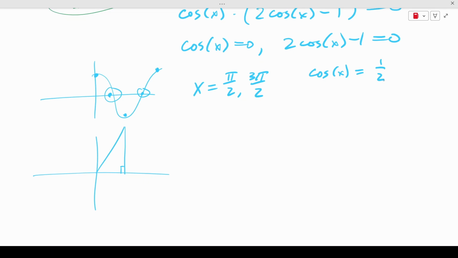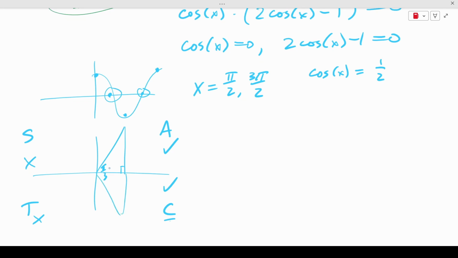So here I have cosine of an angle is 1/2. That's a special angle. That's pi over 3 or 60 degrees. And I have ASTC, CAST, or whatever acronym you want to memorize. Since this is a positive 1/2, I'm going to use this quadrant and this quadrant here where cosine is positive. I'm not going to use those two quadrants.